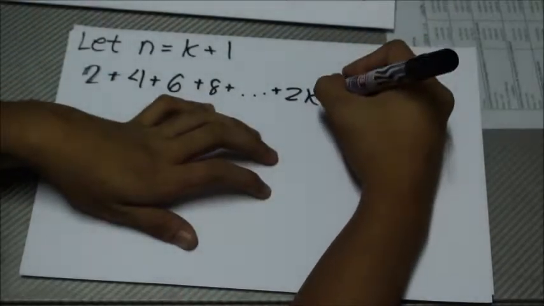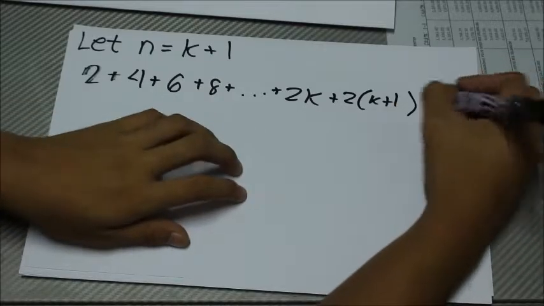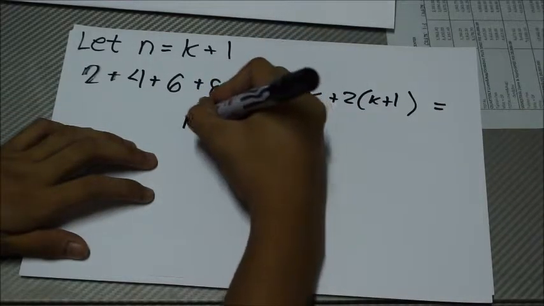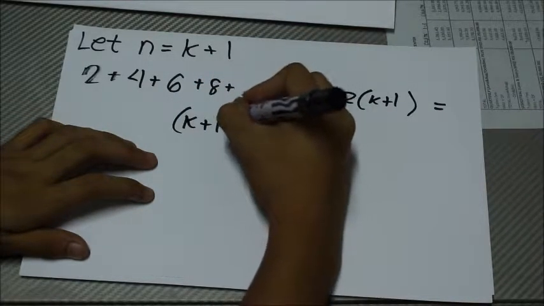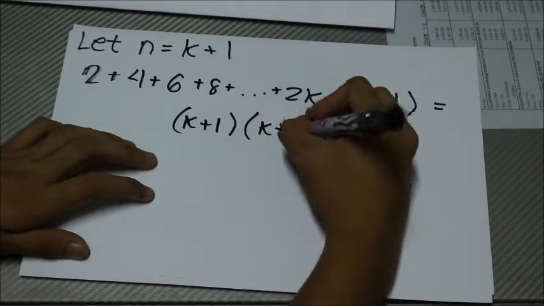So, plus 2 times k plus 1 is equal to k plus 1 times k plus 1 plus 1.